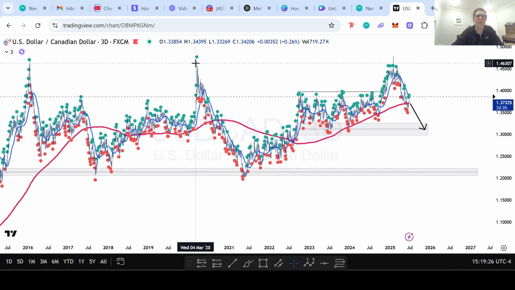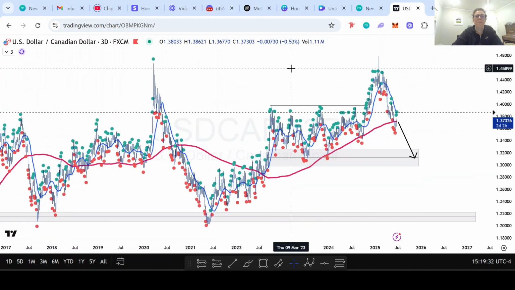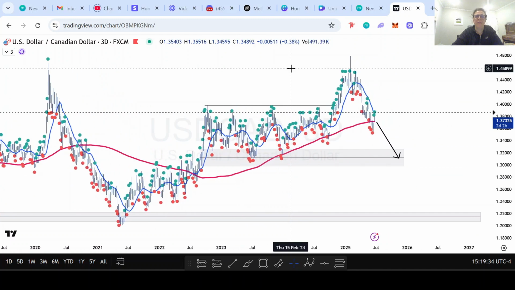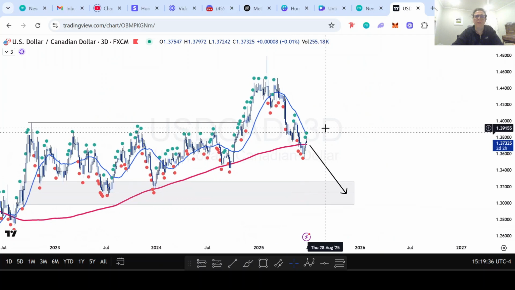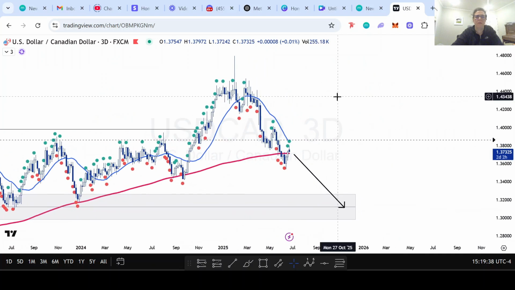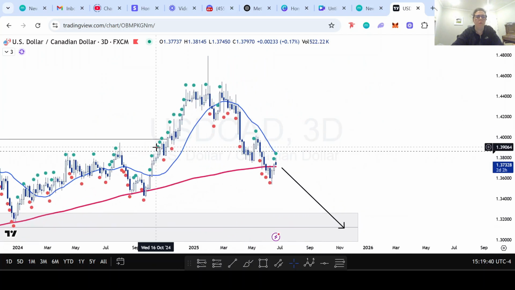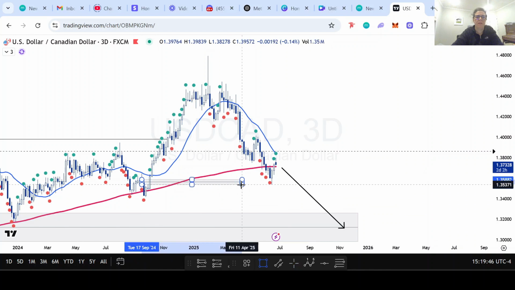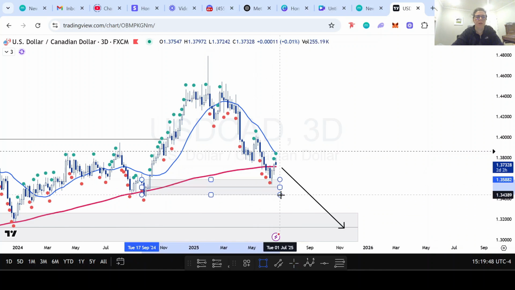Here we traded this March to May, about a year and a bit. But identifying our levels on the 3-day, we've just tapped into this level here, this last push up.